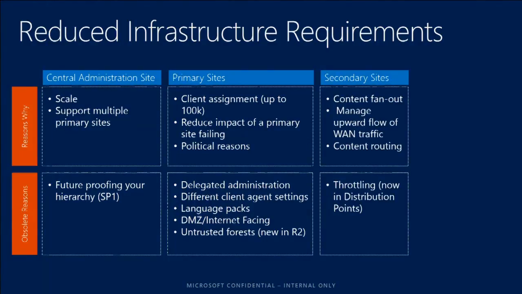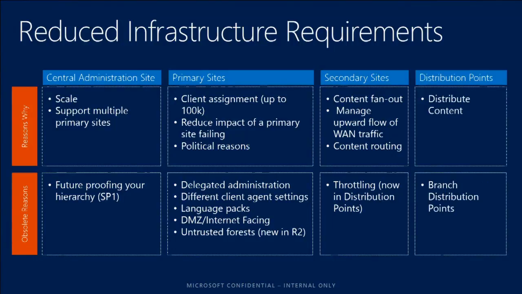So secondary sites is another good example of things that it's most useful for, when you're looking to manage content on the way back up the infrastructure. What we have is now throttling on the actual distribution point itself. So if you're worried about managing content on the way down, it's not necessary to have a secondary site, rather just have a distribution point.